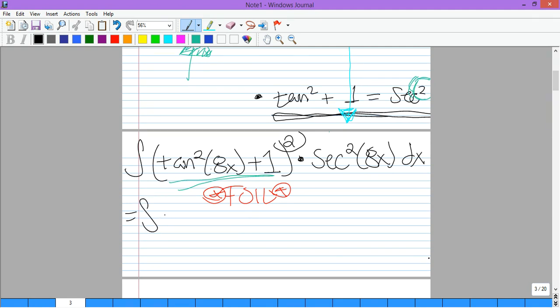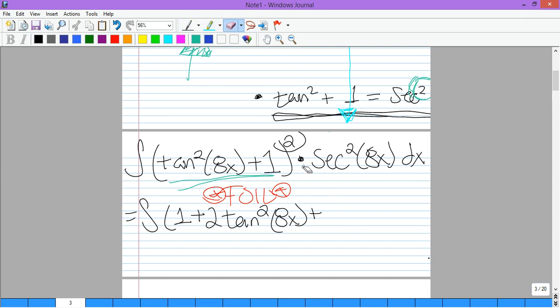So we know that once it's foiled, this is going to give us 1 plus 2 tangent squared 8x, because all we're doing is doubling the inside, and then we square this last factor.